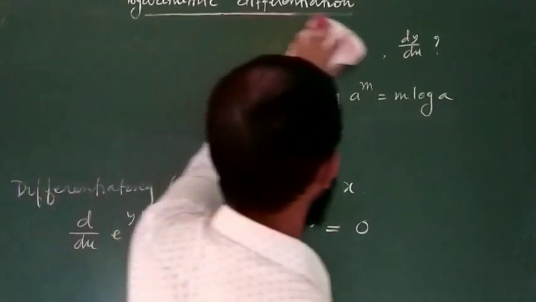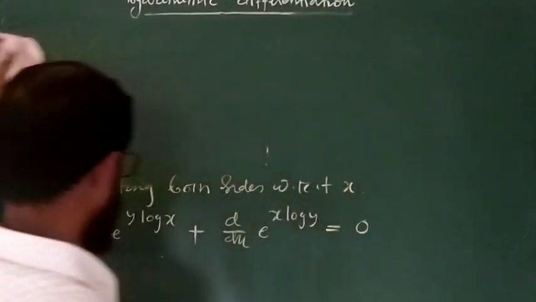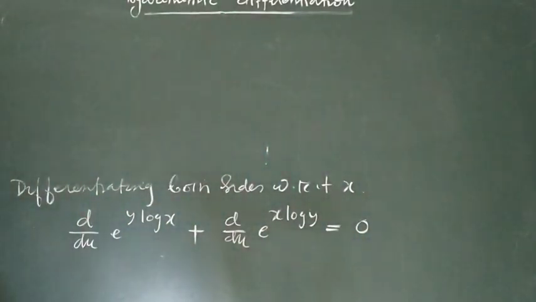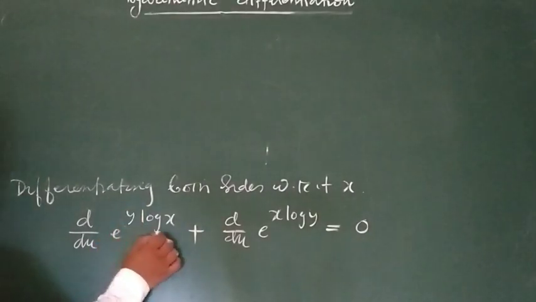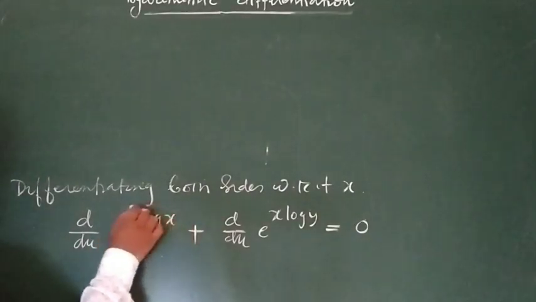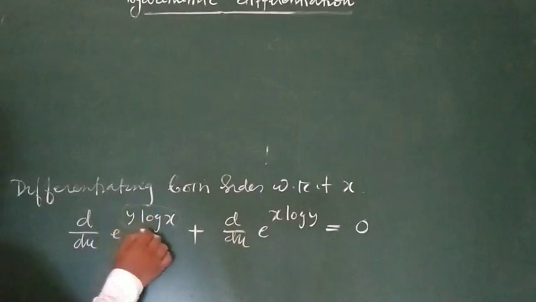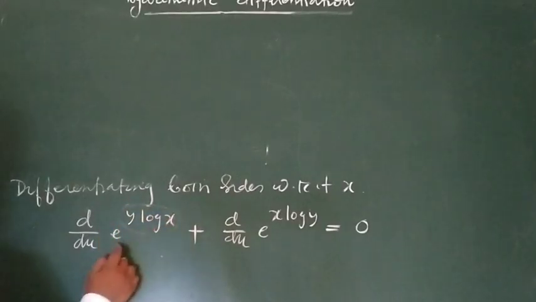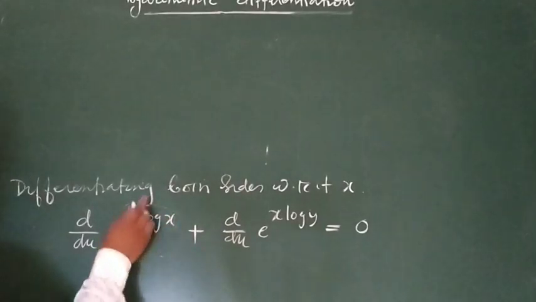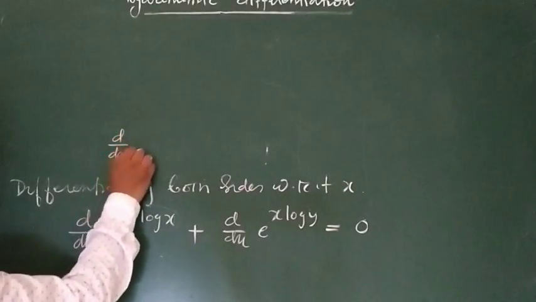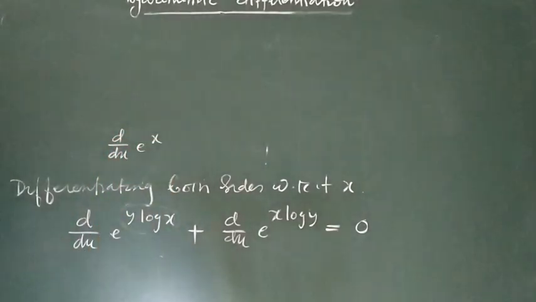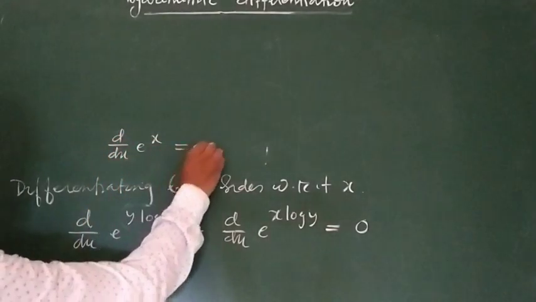First you use the chain rule and then use the product rule. Okay, you consider the power of e, this particular quantity, as x. If you consider this is equal to x, then it will be e to the power x type, so d/dx of e to the power x type, and d/dx of e to the power x is e to the power x.